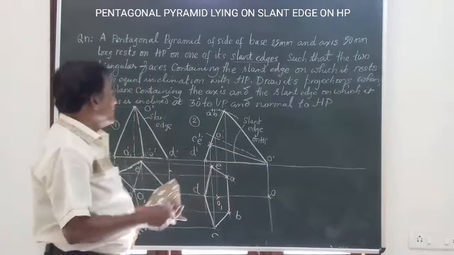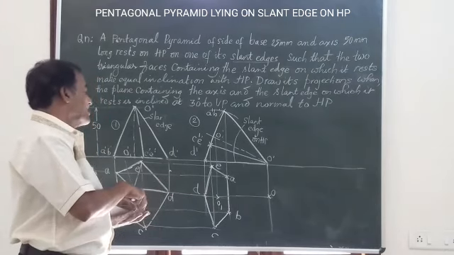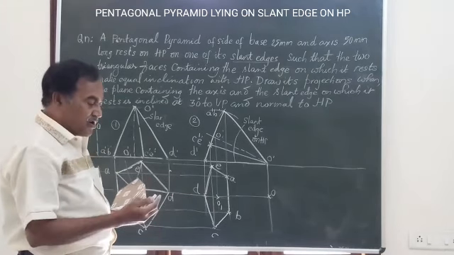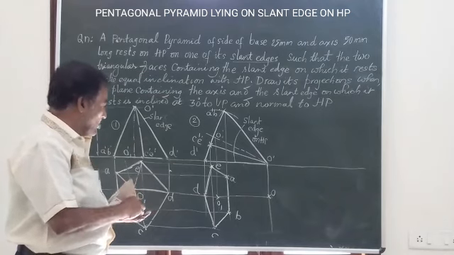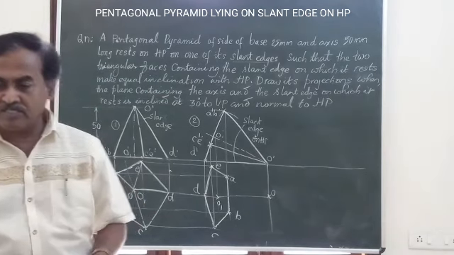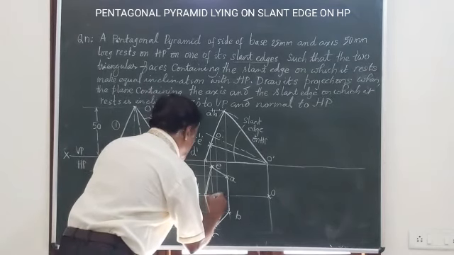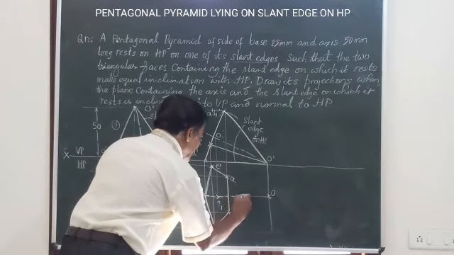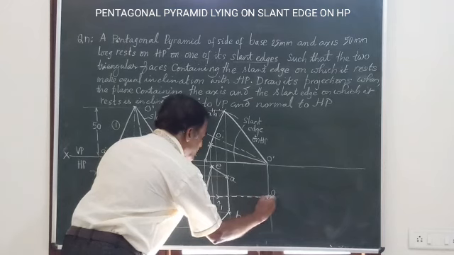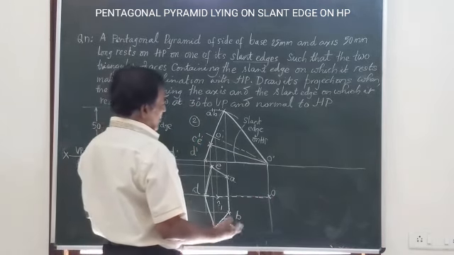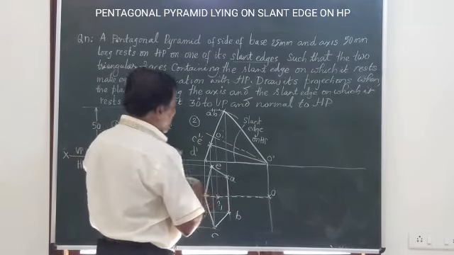That is to say, that line OD on which the object rests is not visible to the observer, and hence I show this slant edge by a dotted line. So first I am going to join this by a dotted line indicating that it is not visible to the observer. So as usual, join the vertex to all the corners.